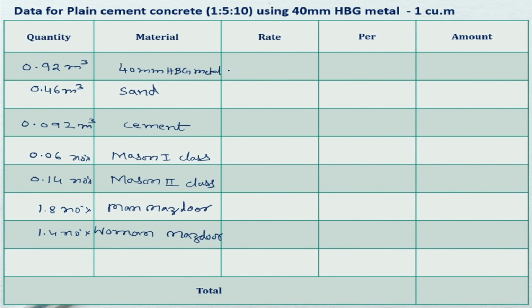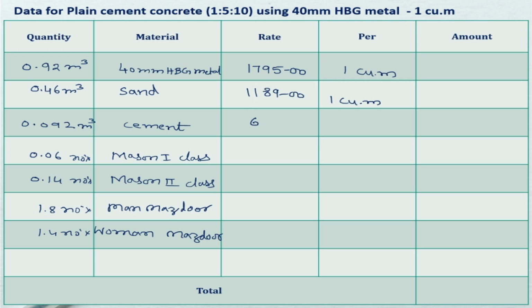After getting the total cost of the materials at site, write down their rate. 40 mm HBG metal is 1795 rupees per cubic meter. Sand is 1189 rupees per cubic meter.